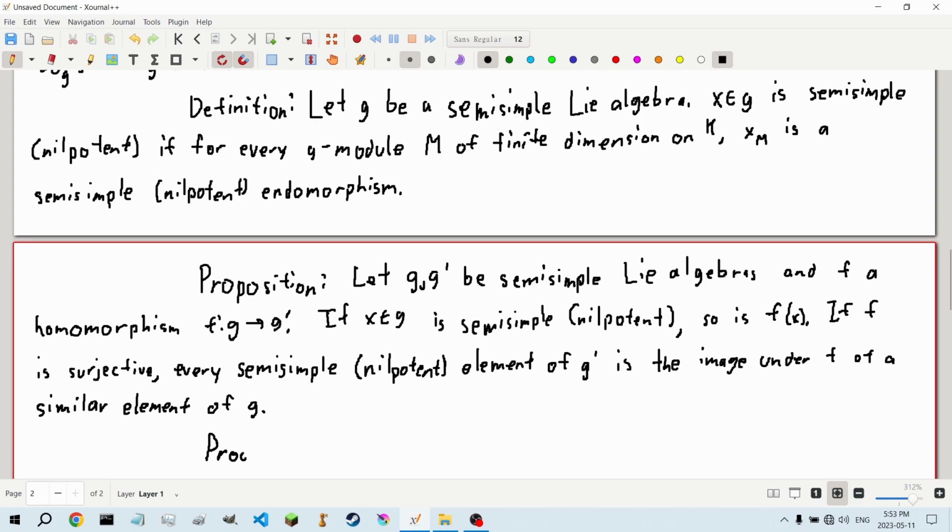Our proof. If rho is a representation of G prime, its composition with F is a representation of G, of course.